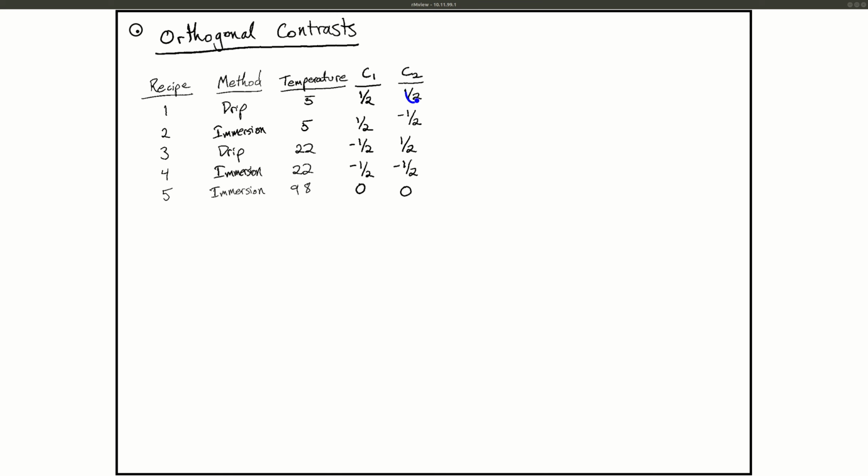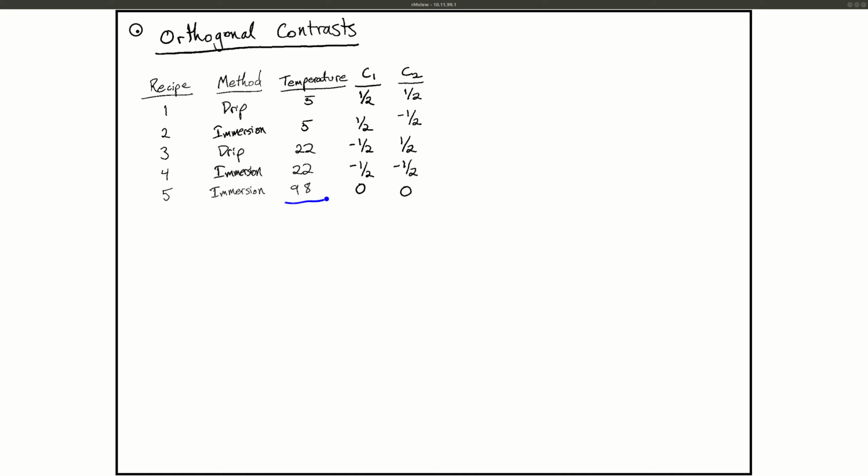We have positive 1/2 coefficients for the recipes where the method is drip, and we have negative 1/2 coefficients for the recipes where the method is immersion, except for the case here, recipe 5, where the temperature is 98.